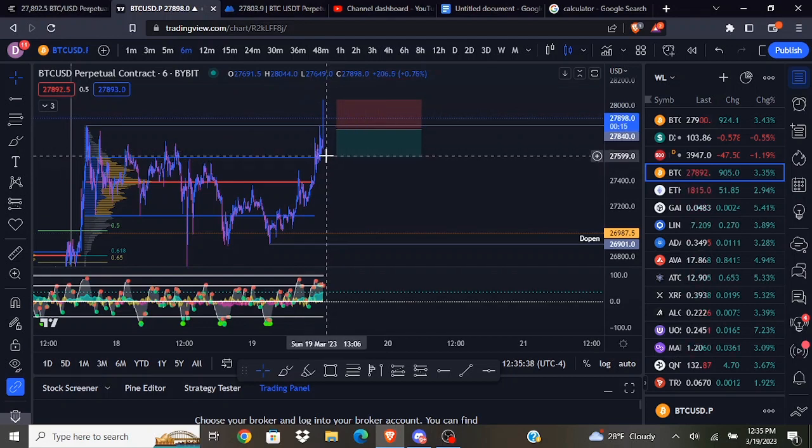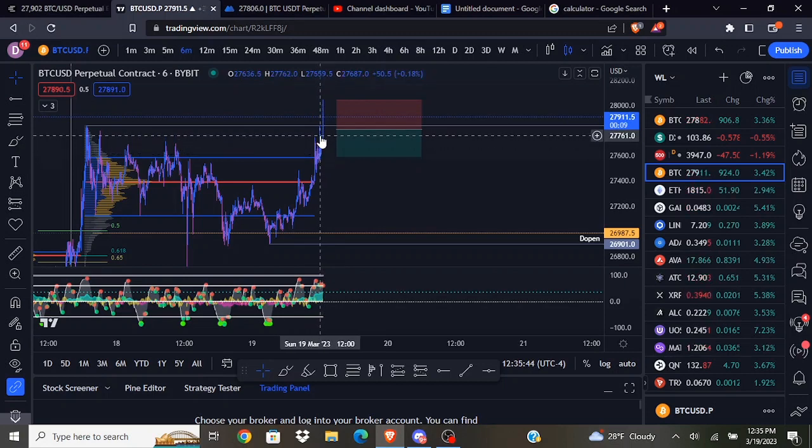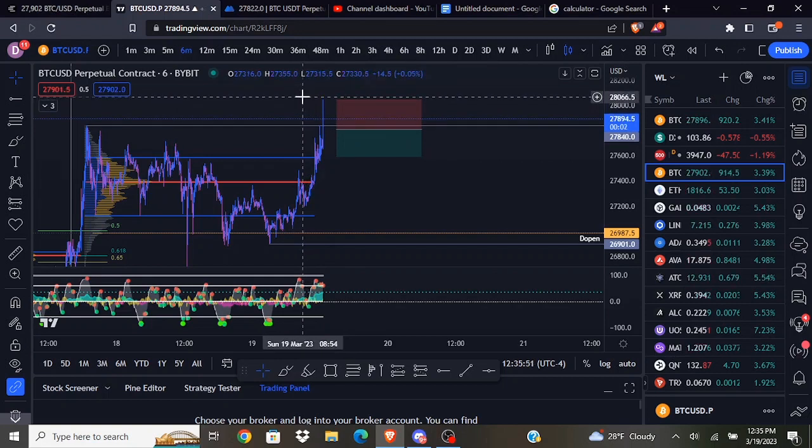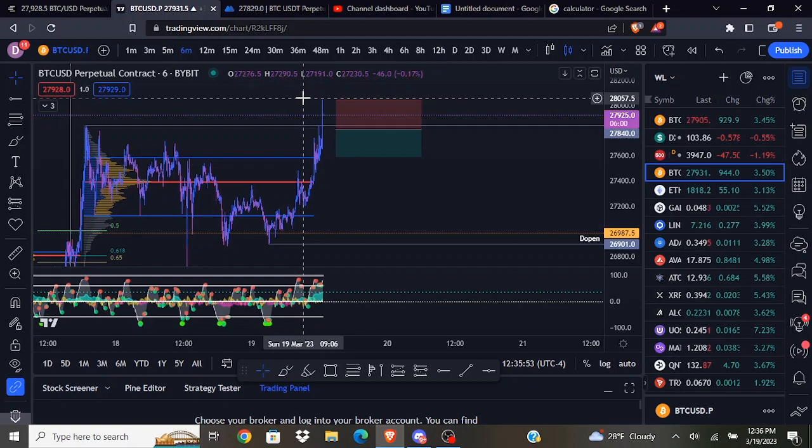I have de-risked, and I de-risked significantly by locking in some profits, lowering my position size. So if I get stopped out here, it's going to be close to a break even, maybe a little bit of profits, maybe a little bit of losses, but I still de-risked significantly.